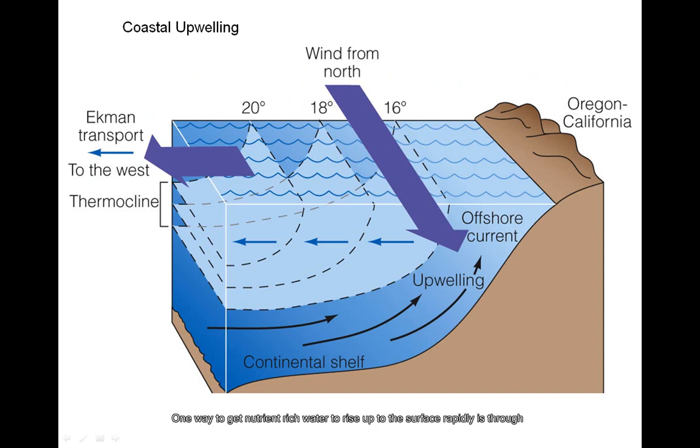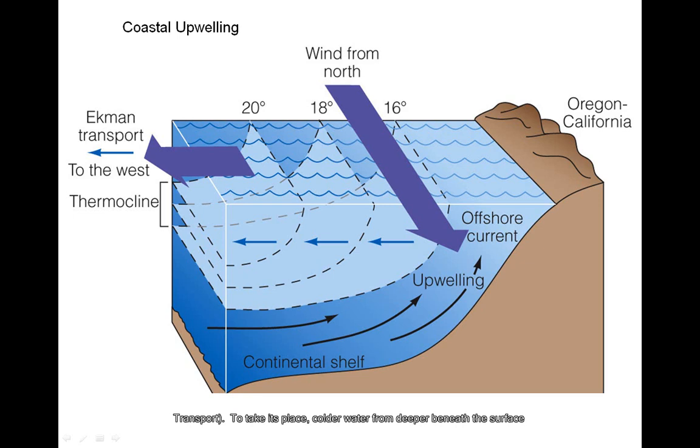Now, one way to get the nutrient-rich water to rise up to the surface rapidly is through coastal upwelling. Now, imagine a wind blowing along the California coastline from the north or northwest. It will be moving parallel to our coast. But the water in the ocean beneath it will be moved away from the coastline by Coriolis, or Ekman transport.